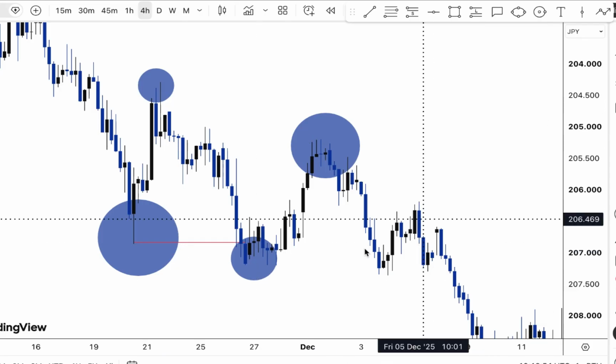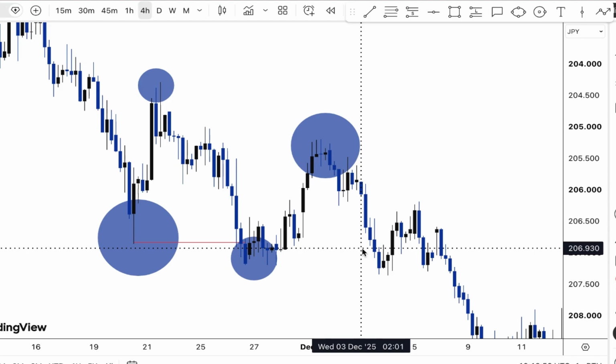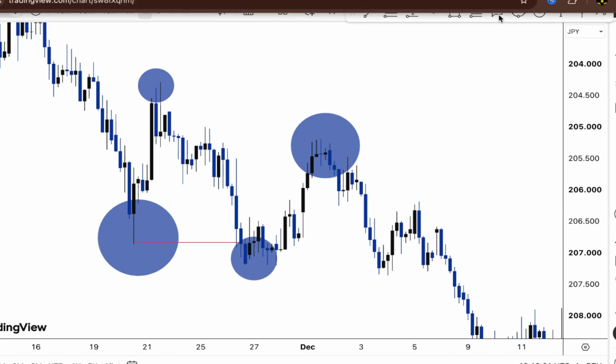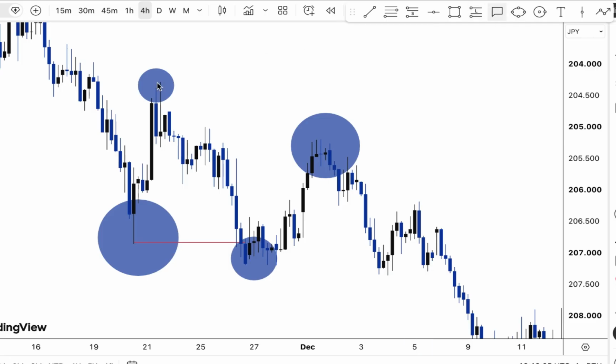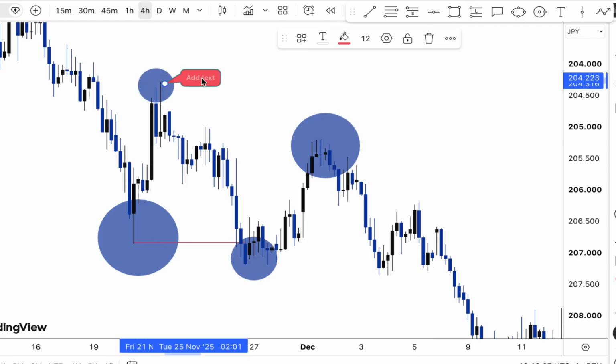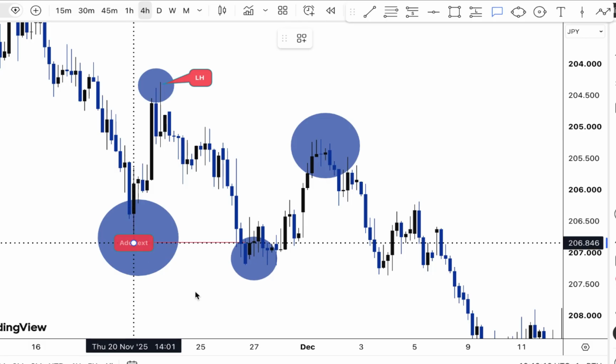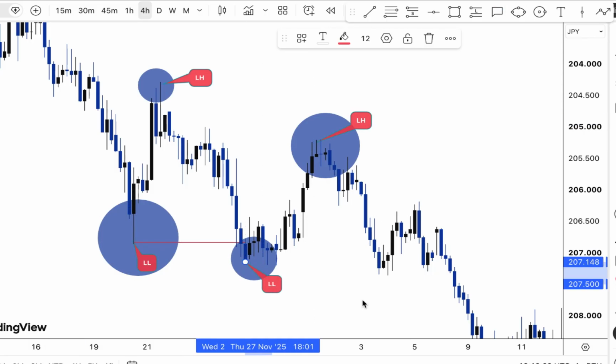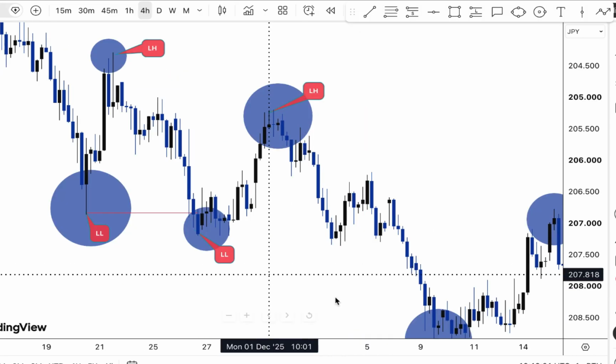In a downtrend, what do we have? We have lower highs and lower lows. Let's mark it again. Here is a lower high, then here a lower low, a lower high, and here a lower low. That's how it will keep going.